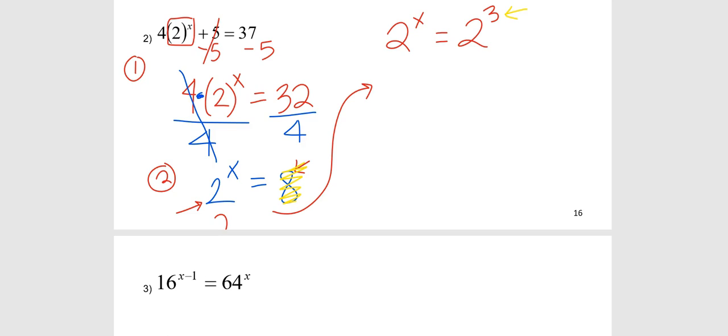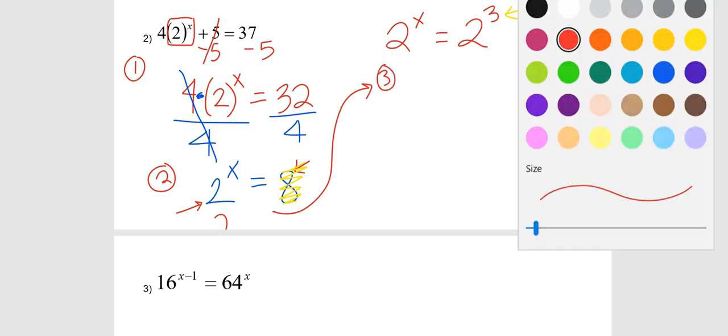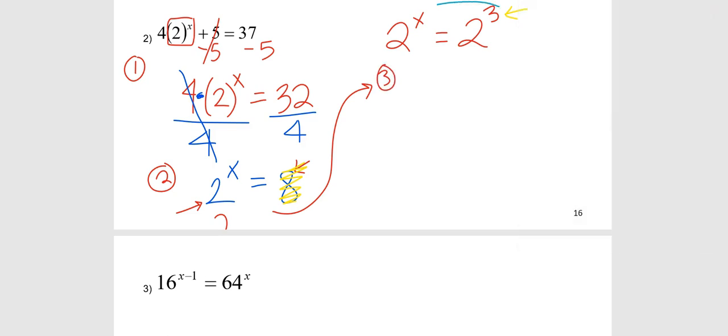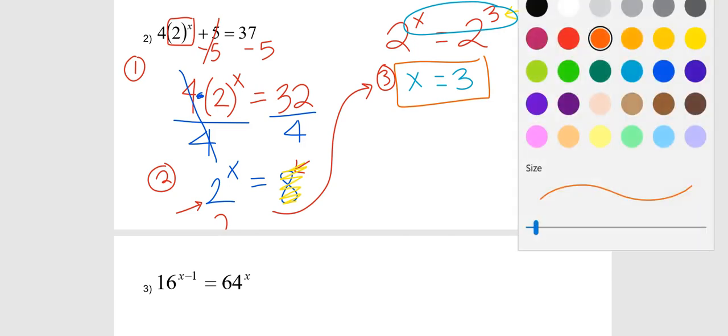Step 3, set the exponents equal. And step 4 is to solve, which it already is. So we have what x is. And then step 5 is to check our answers.